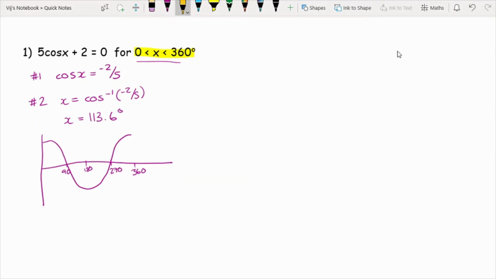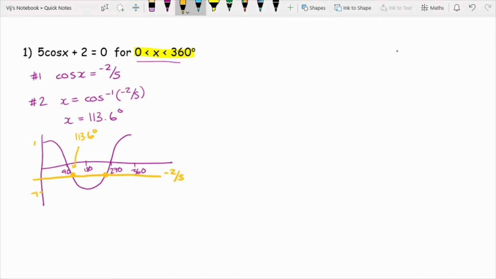If I now draw a horizontal line through minus 2/5, where that's minus 1 and that's positive 1, again it doesn't need to be ridiculously accurate, we're looking for somewhere along there. As you can see, within the range that I'm wanting, I've got 2 intersection points, and I can see from the diagram that the calculator has given me the closest one to the origin, which is 113.6.